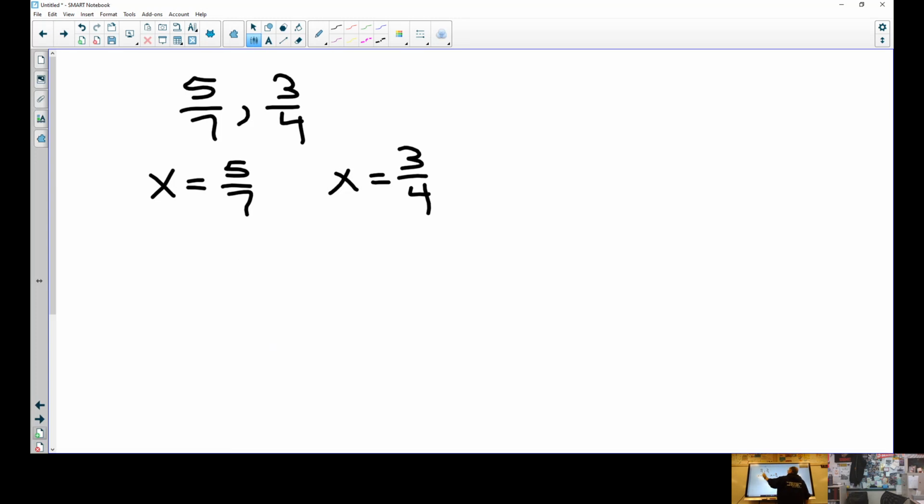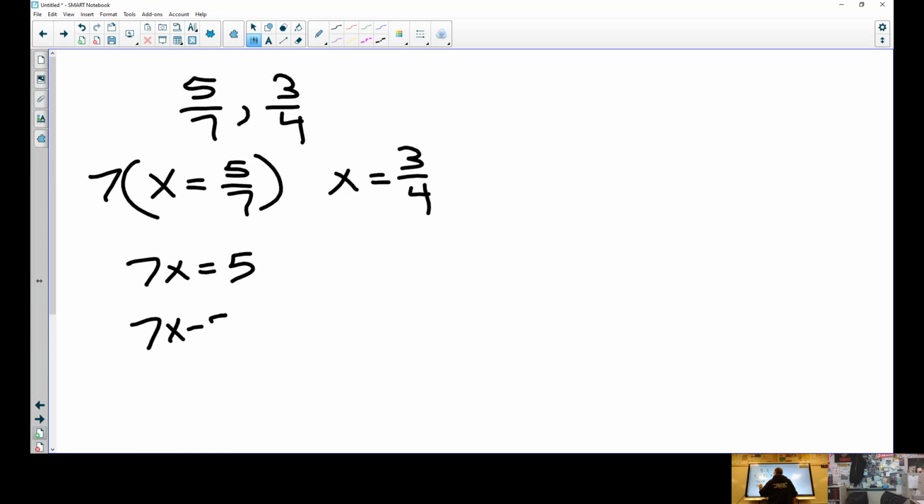Now, I hate fractions, so I'm getting rid of the fractions. 7 is my multiplier, because I have 7 in the denominator. So I get 7x equals 5. Then I subtract the 5, and I get 7x minus 5 equals 0. And we're set to 0, so we're good.